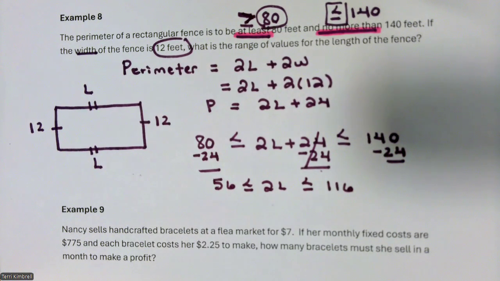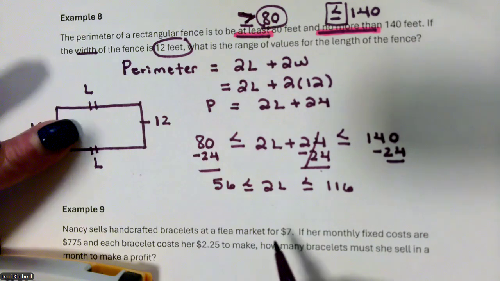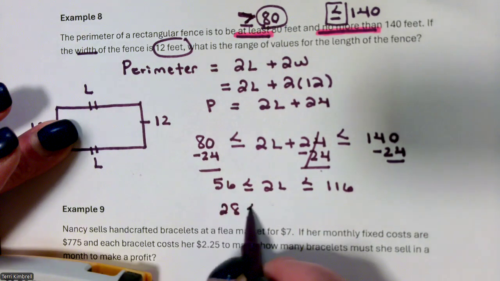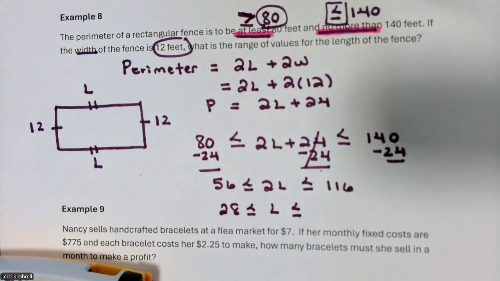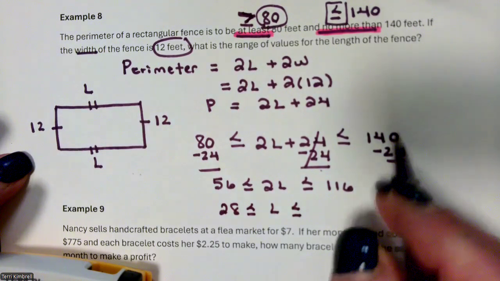Okay, so now we need to divide by 2. So we're going to get 28 and 58.